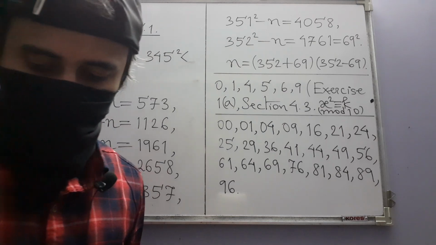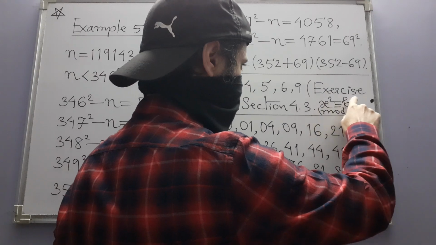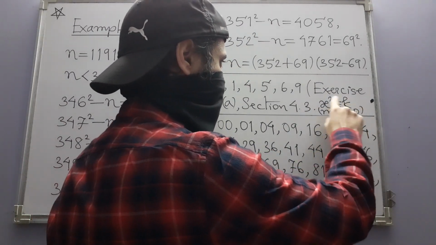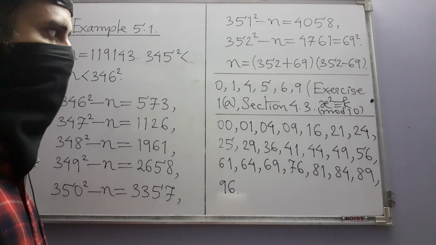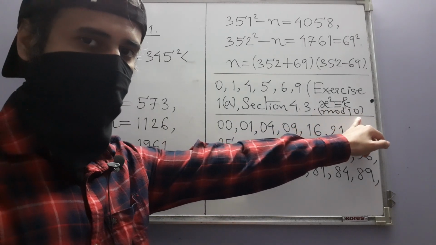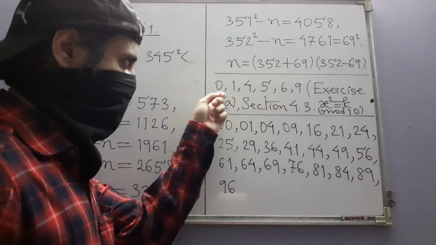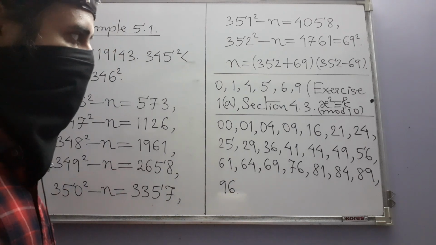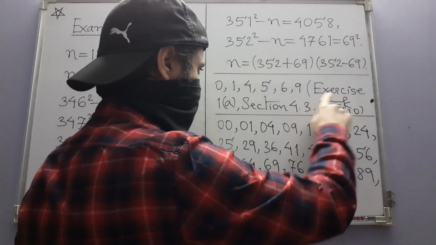We already know from our congruence theory that when we find this k here, which is a single digit k, then that becomes the last digit of the number x square. And also, because the modulus is 10, there are only finitely many possibilities. So these are the possible last digits of any square of any integer. And we have already actually proved this in this exercise.